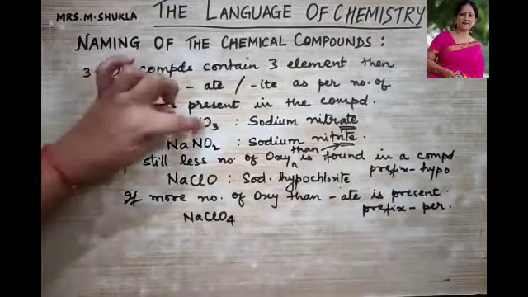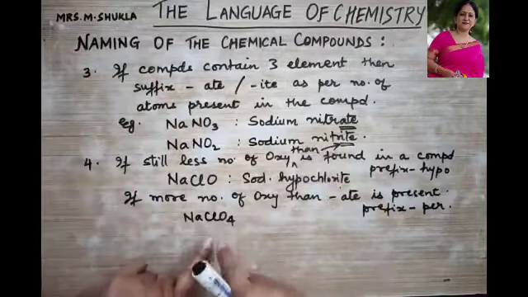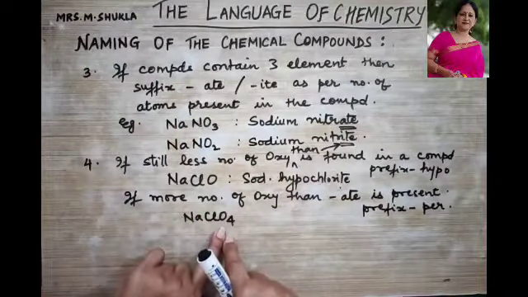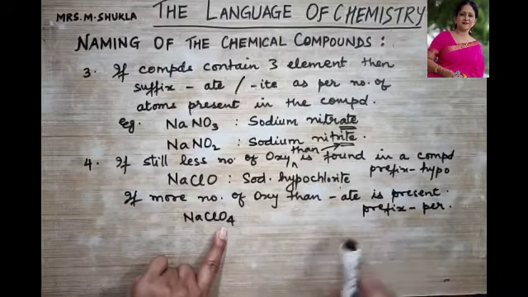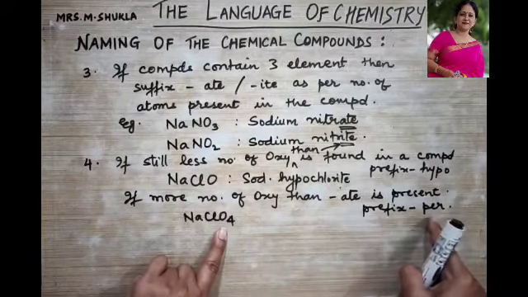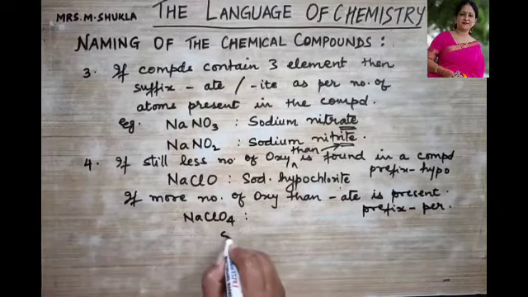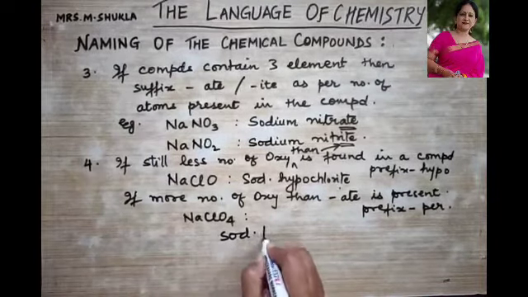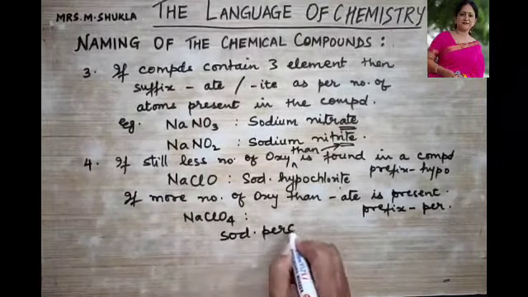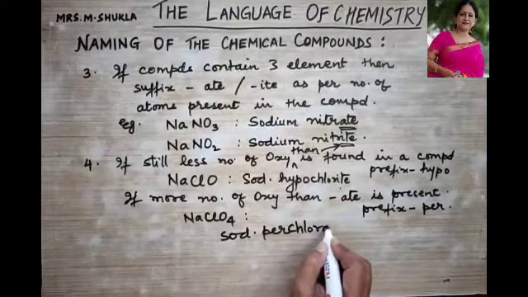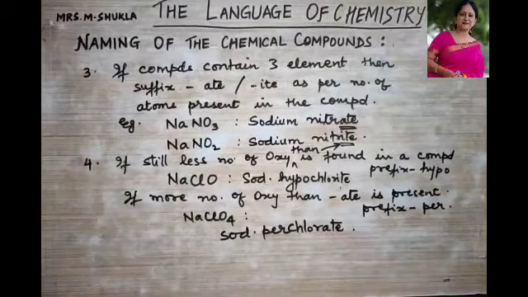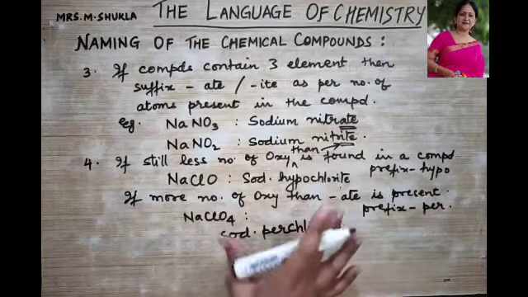Now nitrate is 3 and the oxygen is more than 3. More number of oxygen than ate. Then what prefix are we going to write? Per. So what will be the name of this? Sodium per. This was ate. So I'm going to use over here chlorate. Did you understand this?